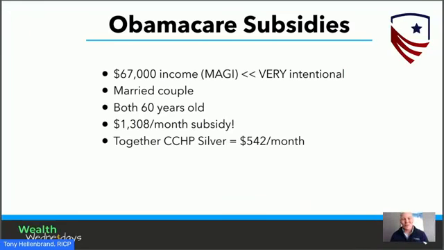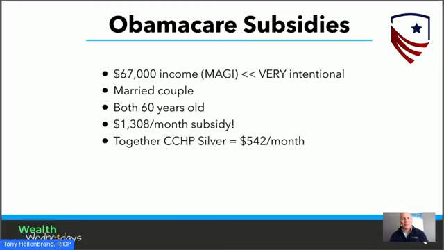They're married. They're both 60. The reason we want them to have $67,000 is in that scenario, they're going to get $1,308 a month in subsidies for their health insurance. So what does that mean? It means a plan from Together, which is a health insurance company. They're actually my health insurance company. Together, CCHP, I think like Children's Community Hospital, something like that.